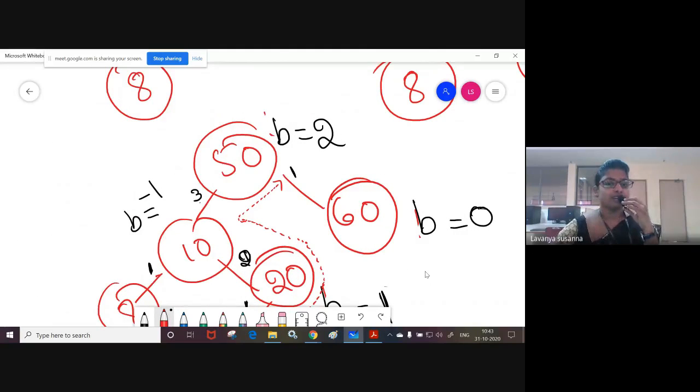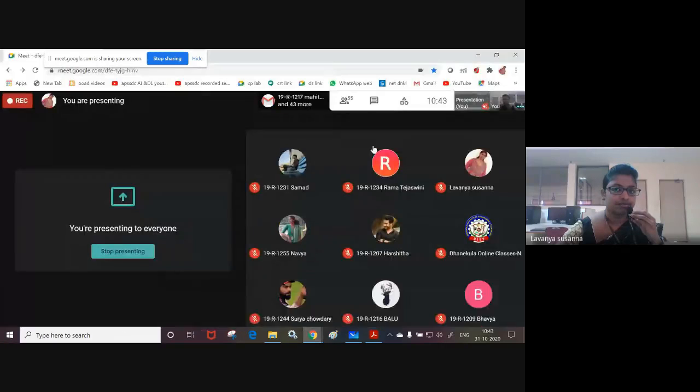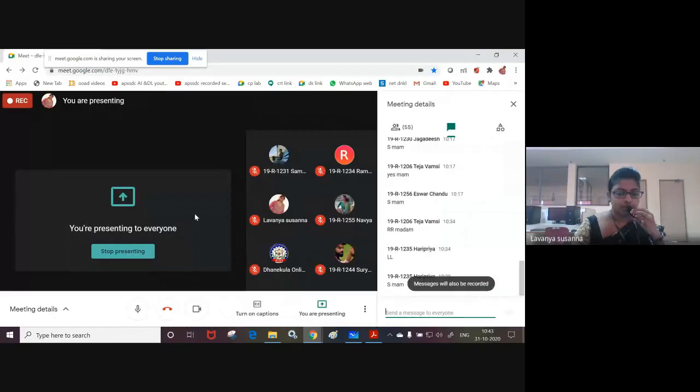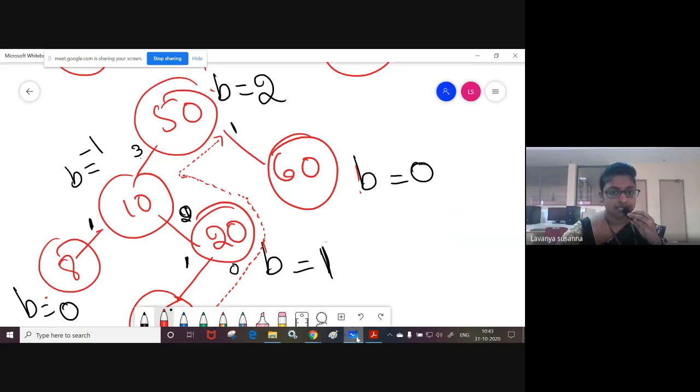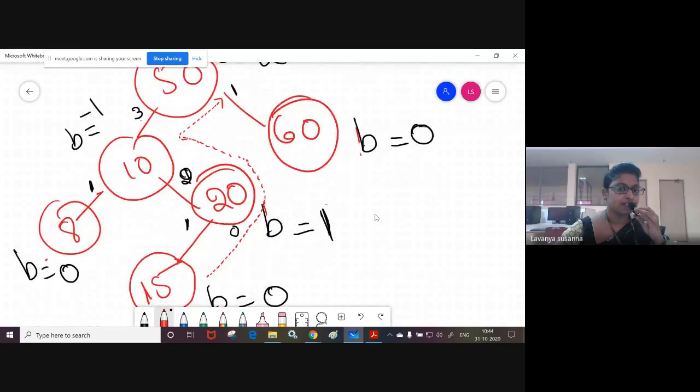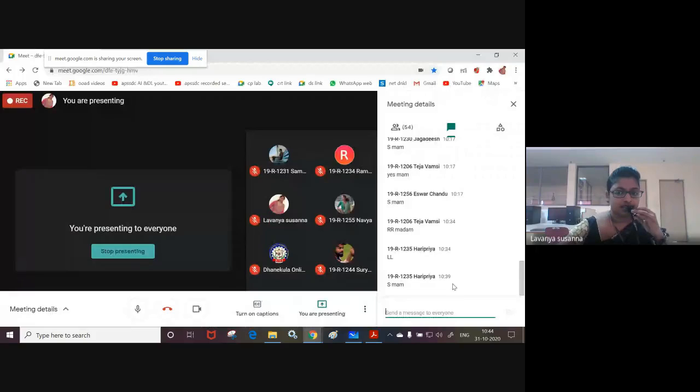You need to rotate. Which rotation you need to apply? Anyone please answer? Teja, which rotation you need to apply? Anyone? Teja. Not only Teja, anyone can respond. Teja, respond. Which rotation you need to apply? Once again, see. At node 50, it is imbalanced. From node 50, you need to check which path is deeper. Teja, are you there?